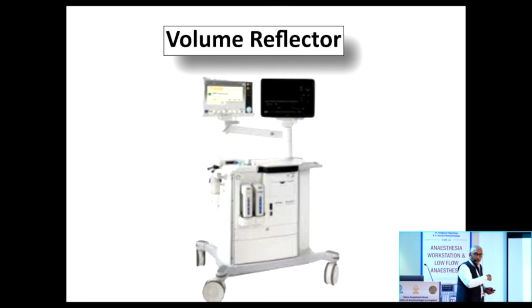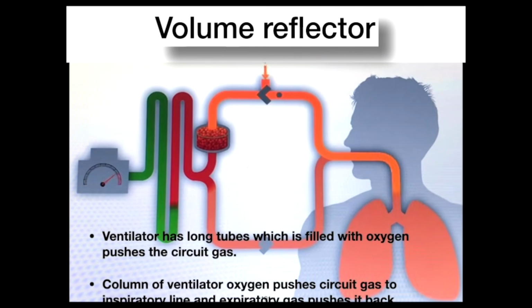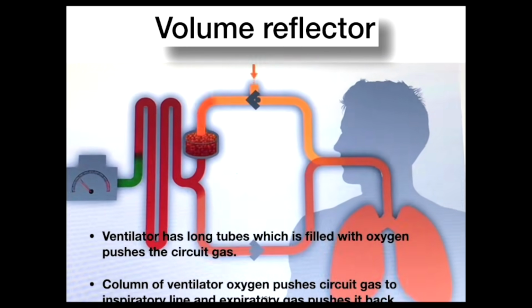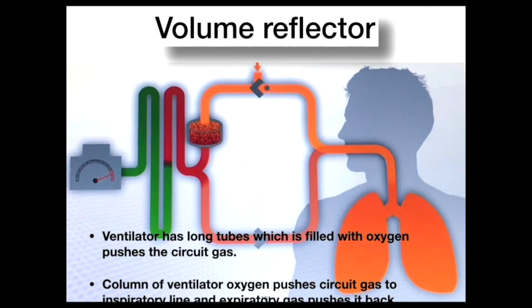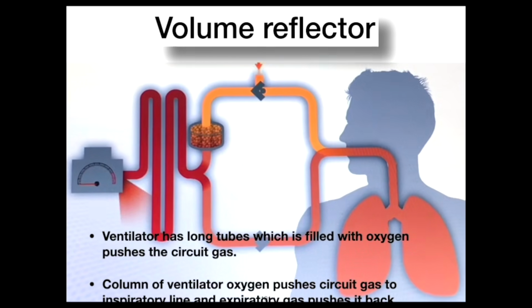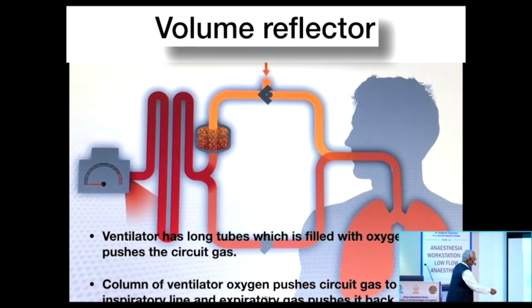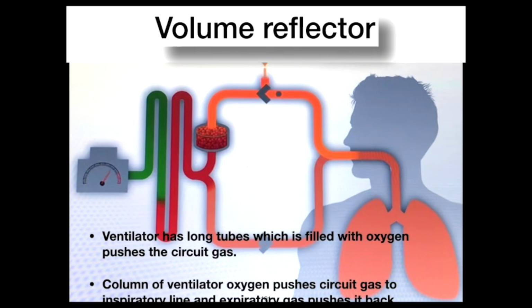There is a new technology which is now available in India, called volume reflector. In one company this is there. Now what is a volume reflector? Here, instead of the bag-in-bottle type of system where drive gas and anesthetic gas are separate, they have created a long tube.